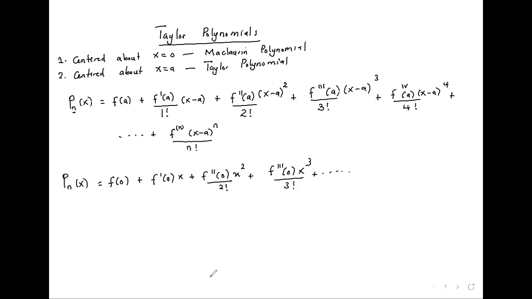So when you're subtracting this a, a is equal to 0. That's the only thing there. With the other one, a is equal to a number. You can have 4, you can have 2, you can have e, you can have anything.